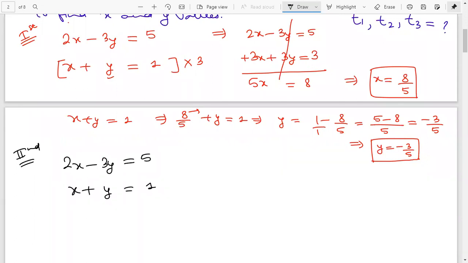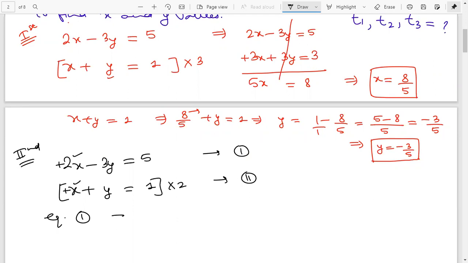If you want to equate the x value, here also it should come 2x. So we'll multiply the second equation with 2 and we'll subtract. How can we write these steps? Equation 1 minus, this time minus, because here we have 2x and here also positive sign, so we need to subtract.